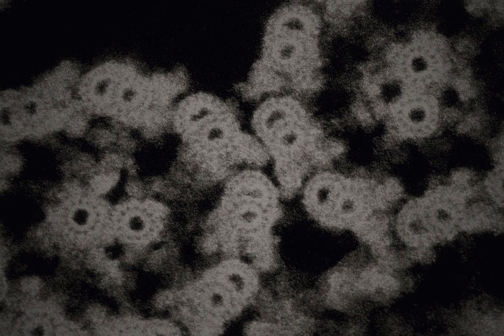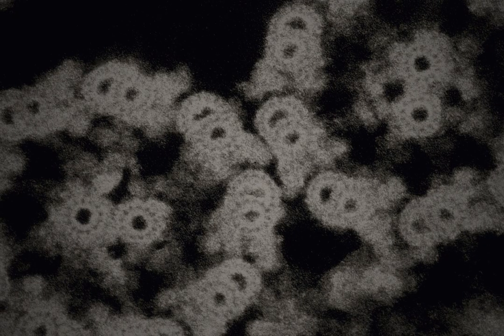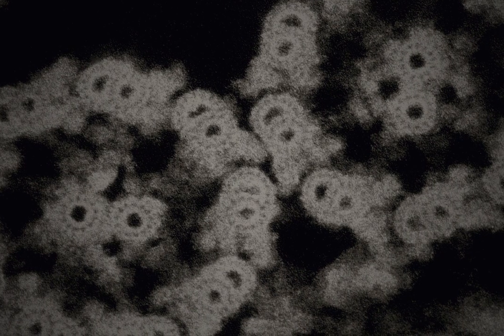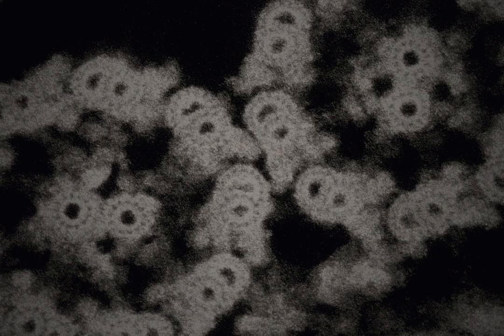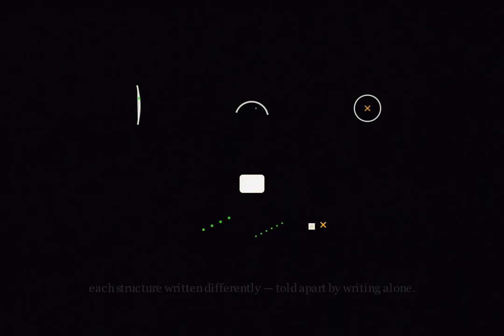It strings glutamate beads, it strings glycine beads. It clips its tails. Different marks on the hairs, different marks on the mouth parts, different marks on the division machinery, each structure written differently, each matched to a different job. Whatever specialization means in a microtubule, Tetrahymena achieves it through the marks alone.